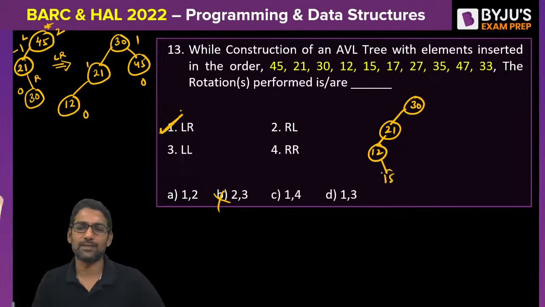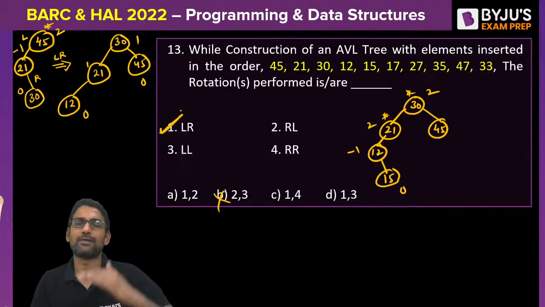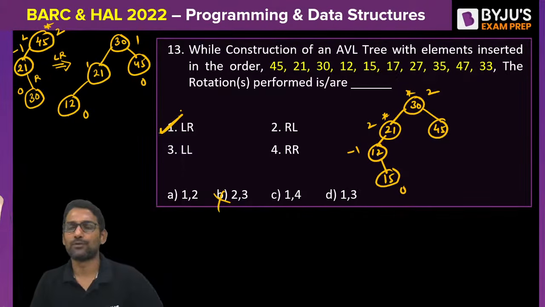So as a right child to 12 we insert. Now if you look at the balance factors, 21 is critical, 30 is critical. Always we will take from bottom to top the priority. So 21, if you take the critical, then again we perform LR at 21.